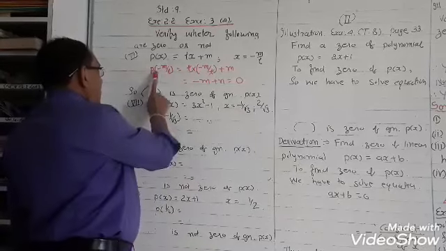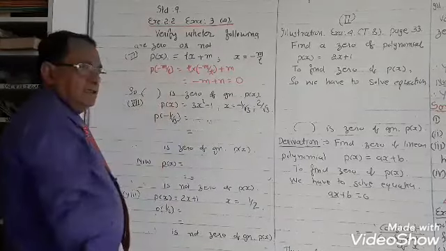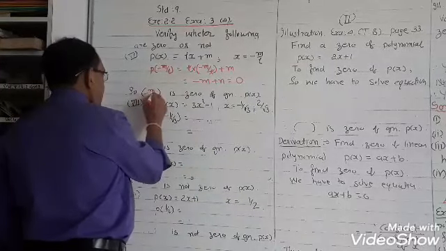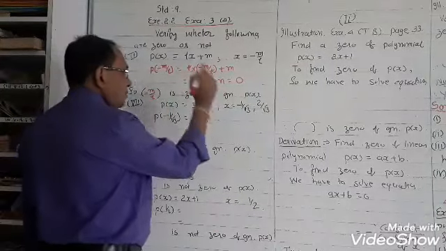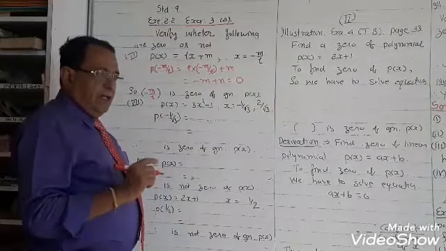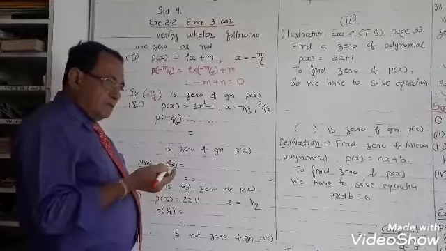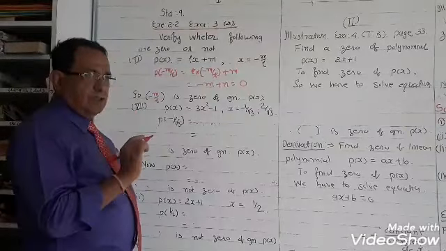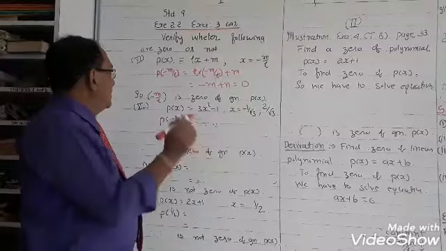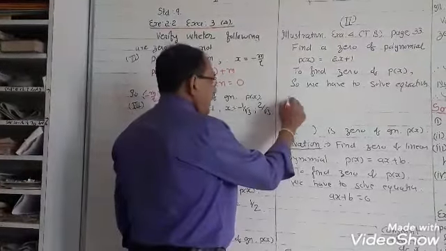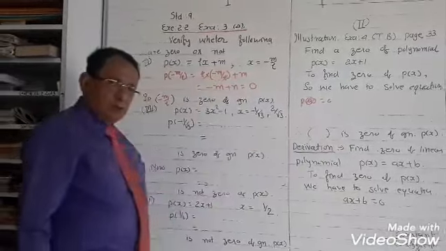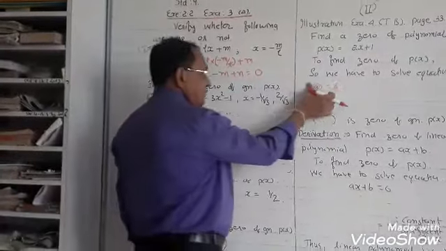So p(minus m upon l) is equal to 0. That means minus m upon l is a zero of the given p(x). Yesterday, and the previous day also, I have told you that if p(a) is equal to 0, then a is a zero of the given p(x).